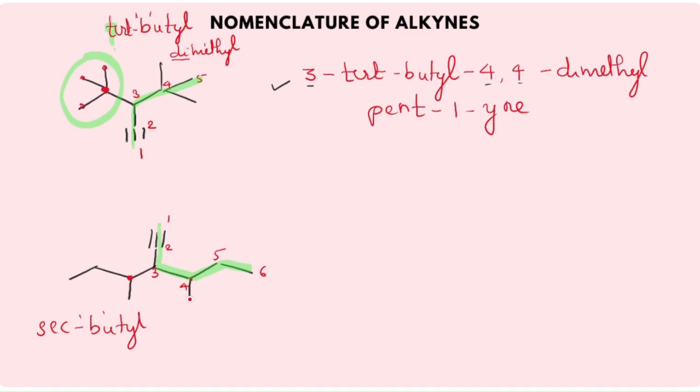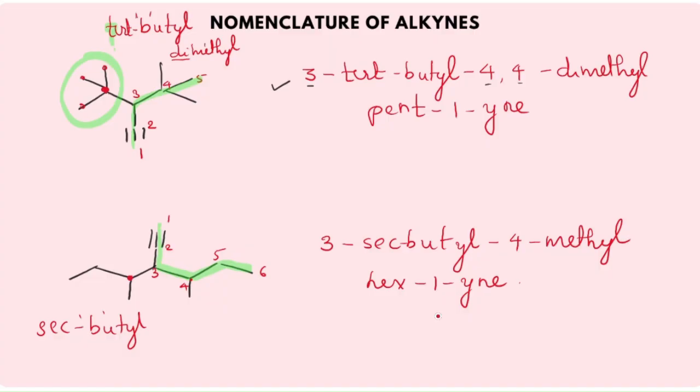At fourth position, we have methyl. So what will be the correct name of the molecule? 3-secondary butyl, 4-methyl, and then hex-1-ine. Like this.